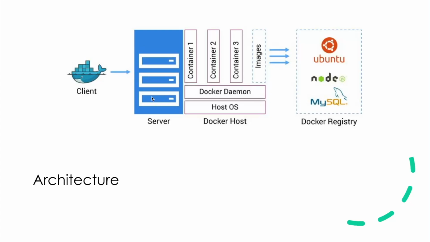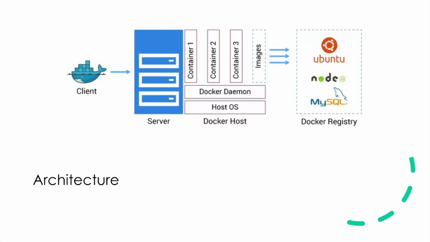You have to understand the Docker host and Docker daemon, that is this one we are pointing here. What is Docker host? The host is basically the operating system which provides the base for running Docker. And Docker daemon actually does all the heavy lifting.